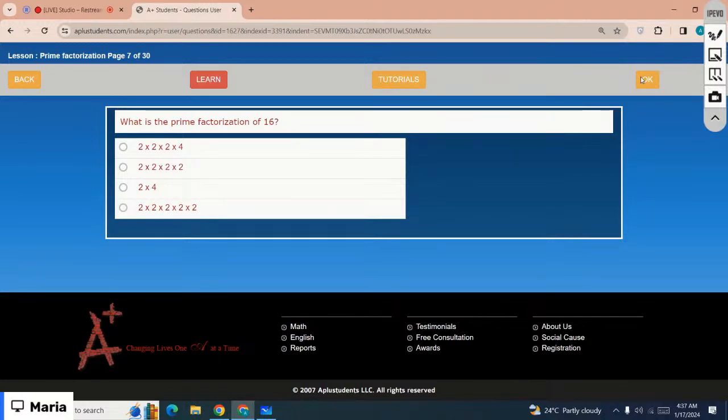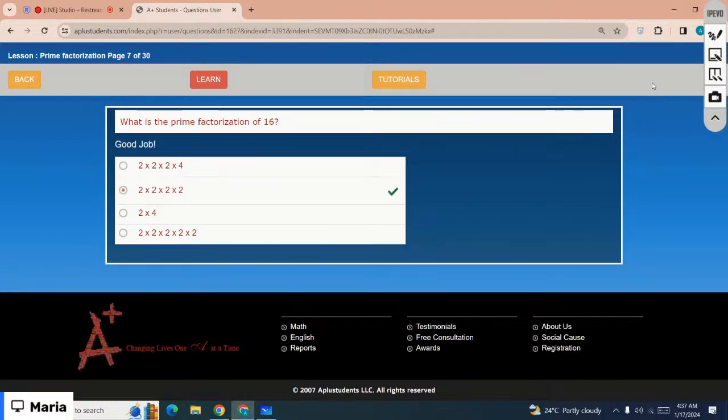The prime factorization of 16 is 2 times 2 times 2 times 2. Option number 2 is the correct option.